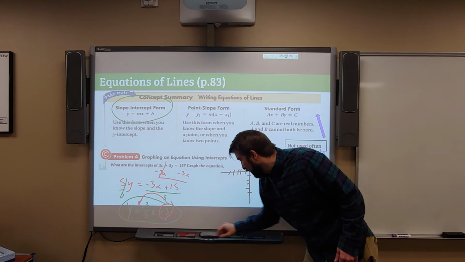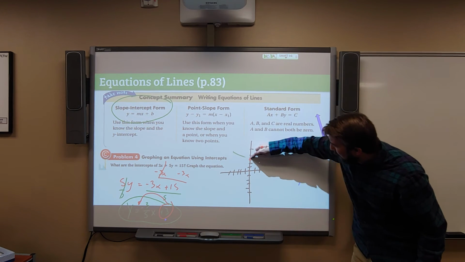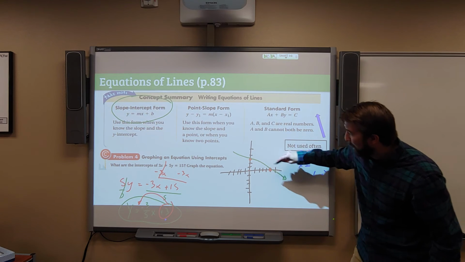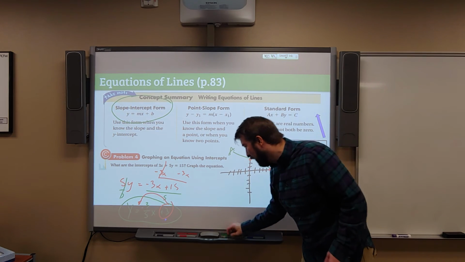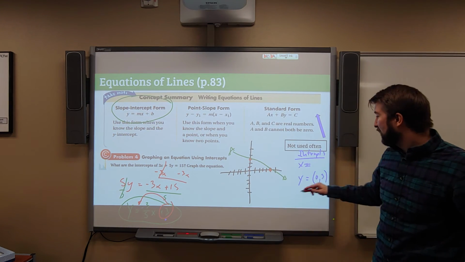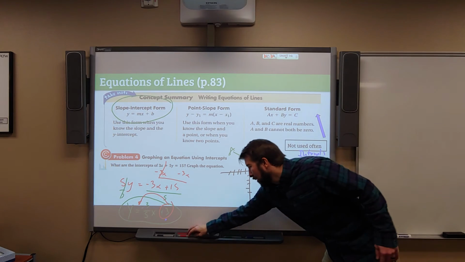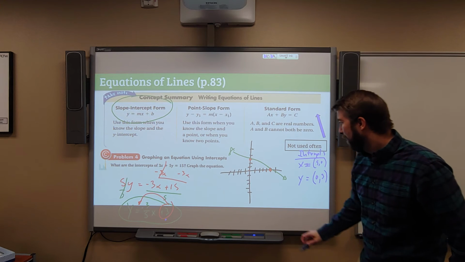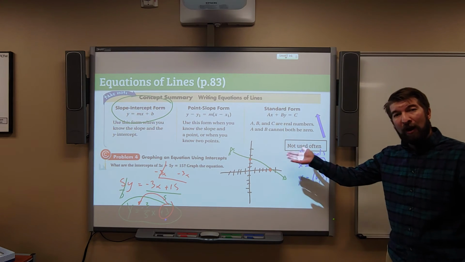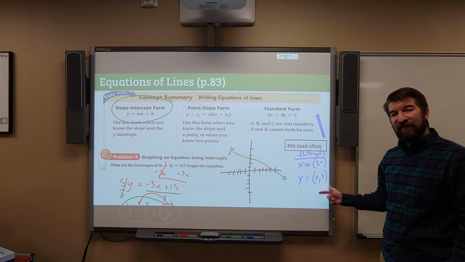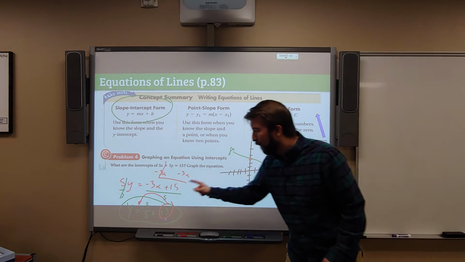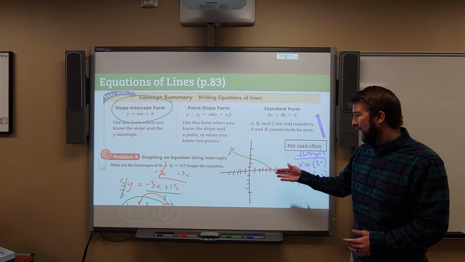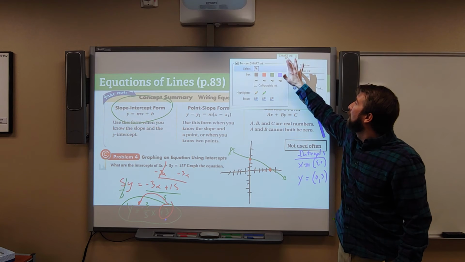And then to graph this, I'm just going to connect my lines. That's not a perfect line, but you get the idea. And then notice my x-intercept is at 5, 0. So I was able to graph it and figure out my intercepts by putting it in slope-intercept form and then graphing it.